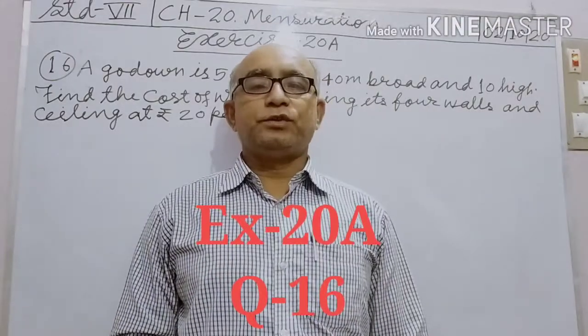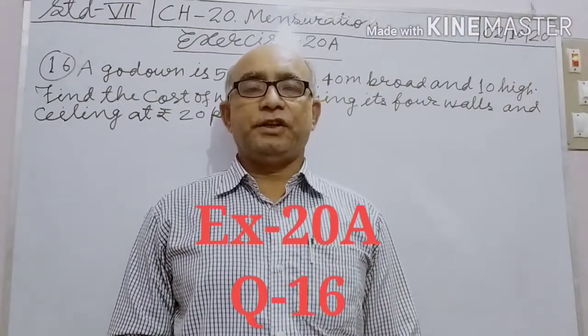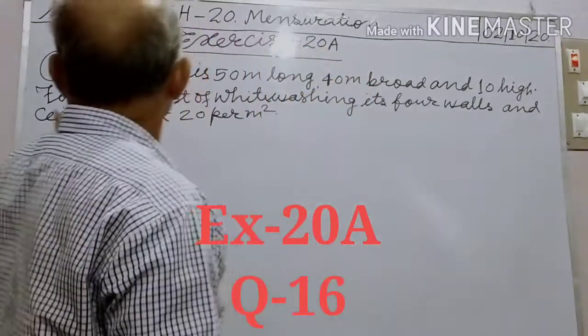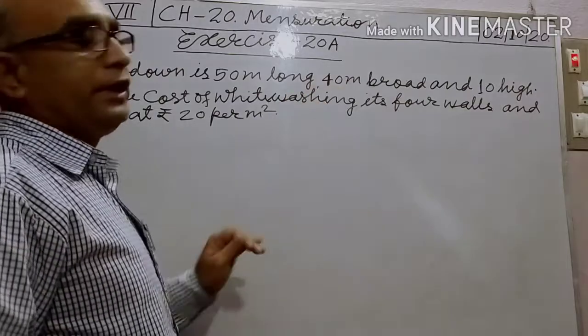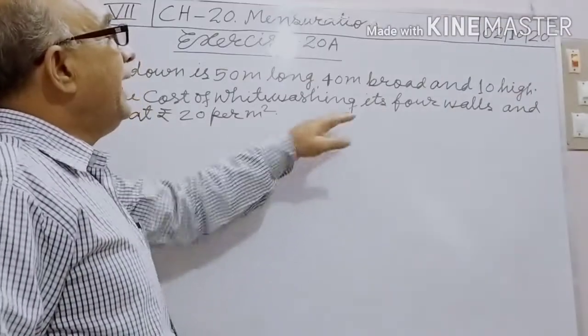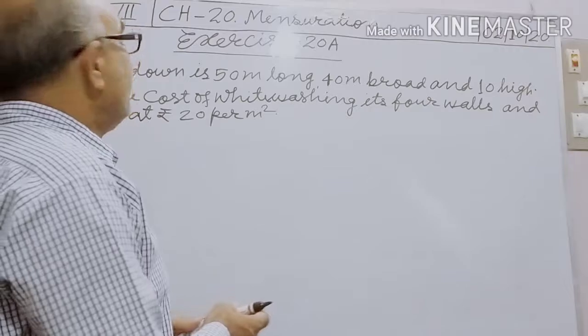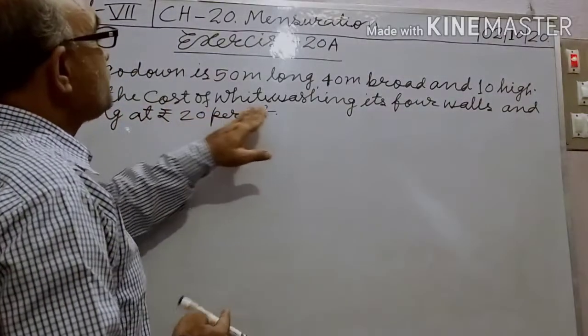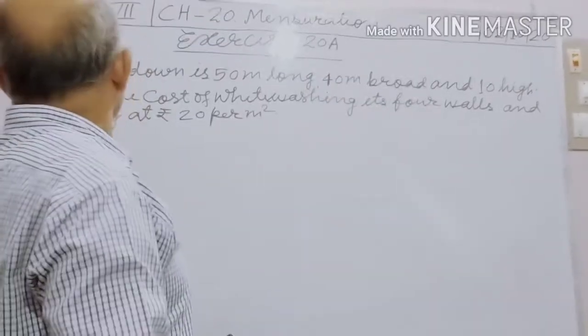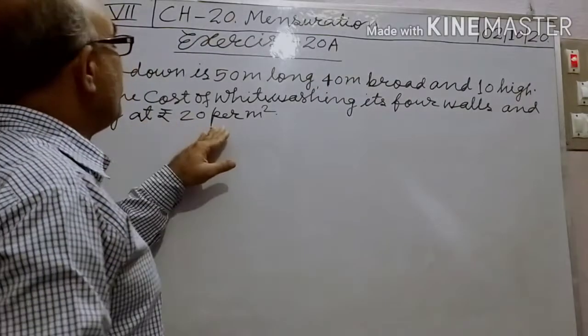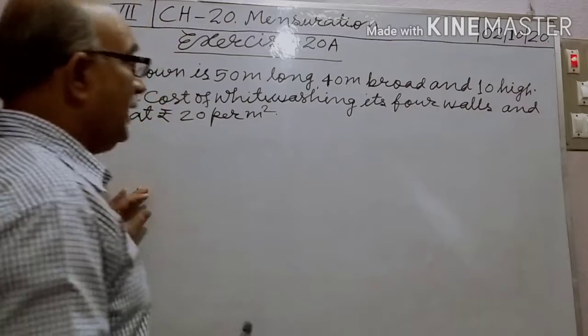Students, next question is question number 16. In this question, a godown is 50 meter long, 40 meter broad and 10 meter high. Find the cost of whitewashing its four walls and ceiling at rupees 20 per meter square.